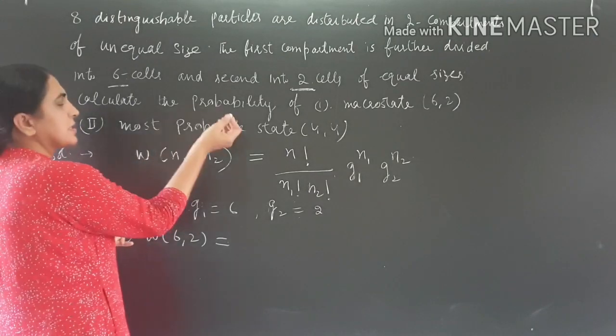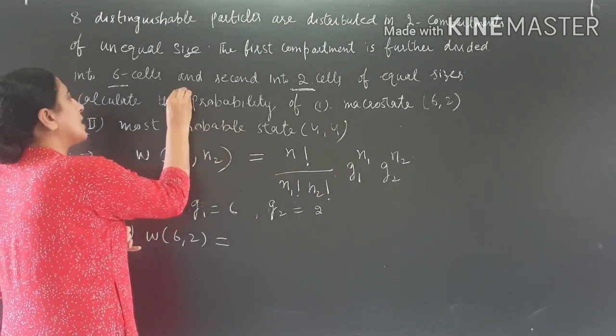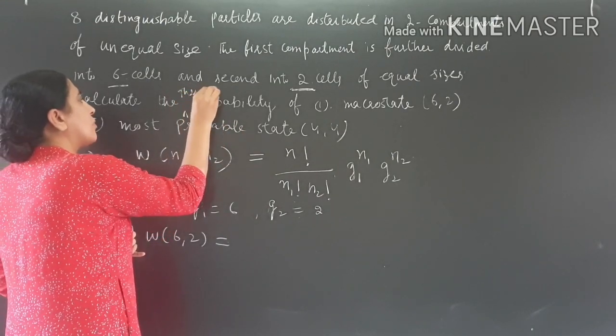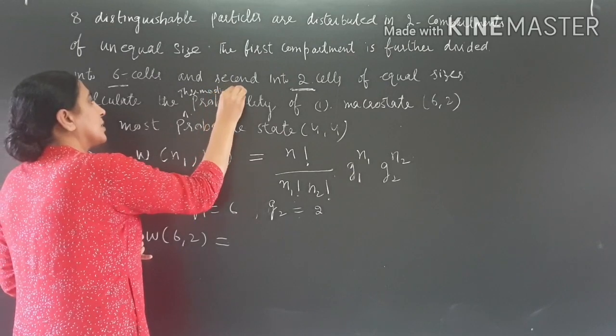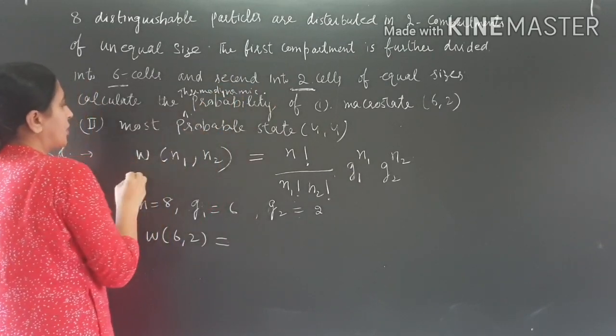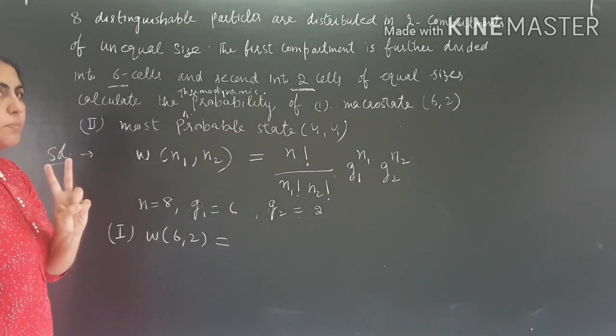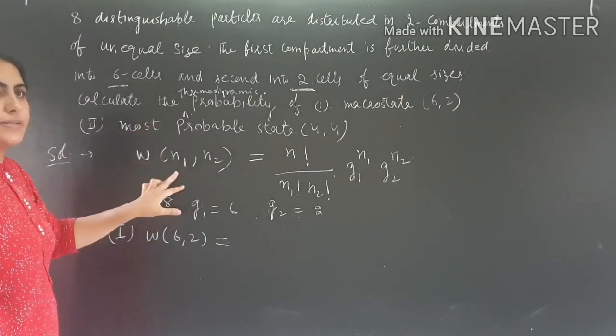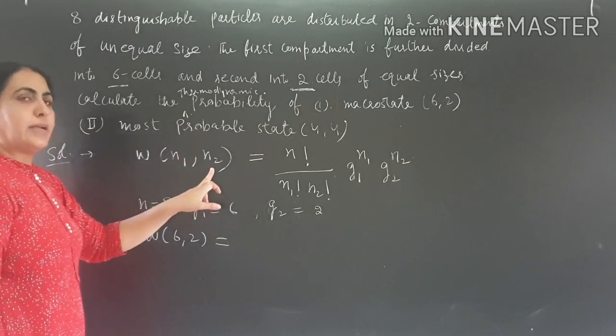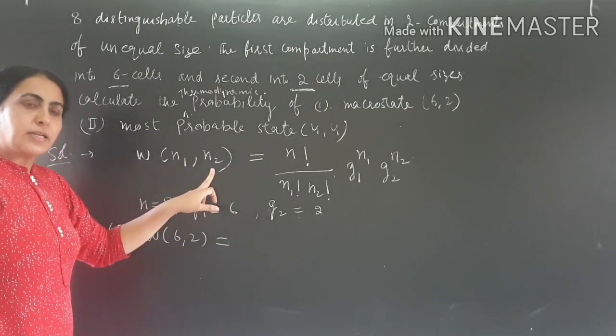So we have to find out the thermodynamic probability. You can say probability is also directly equal to thermodynamic probability. Thermodynamic probability W(N1, N2), because here are only 2 compartments. So N1 particles are in the first compartment and N2 particles are in the second compartment.